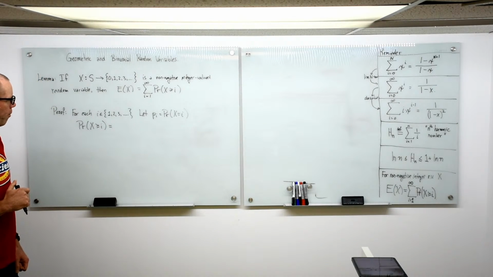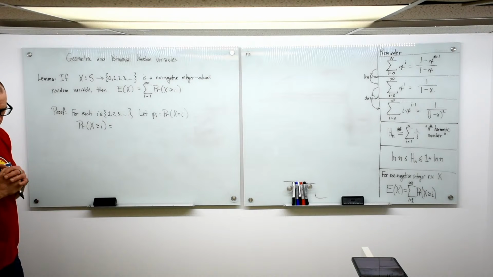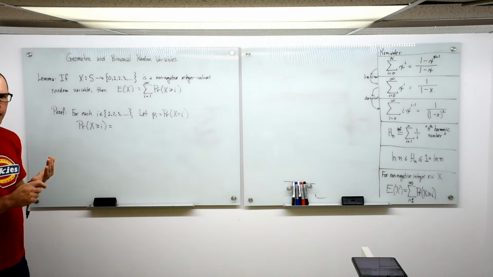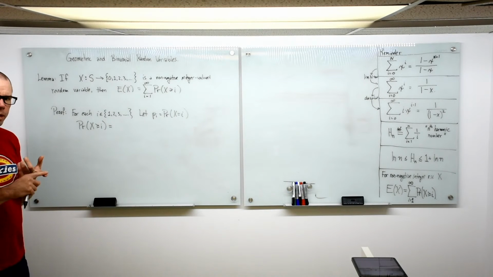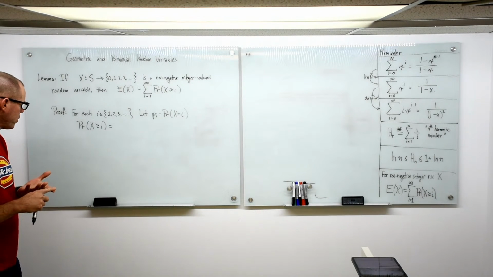So when is X bigger than or equal to i? Well, X is bigger than or equal to i if it's equal to i, or it's equal to i plus 1, or i plus 2, or i plus 3, and so on.